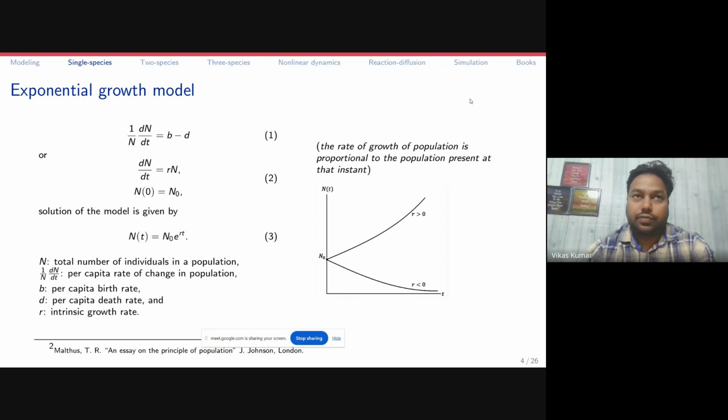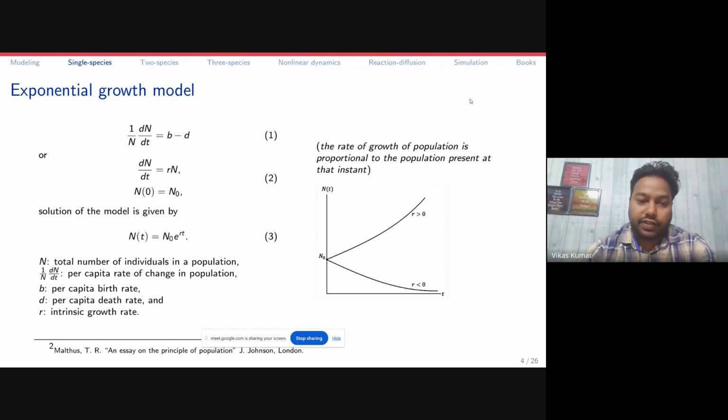The initial data, of course, would be positive because we are dealing with a population, so N naught is a positive parameter. When we solve equation number 2, this is a separation of variables type of model, and you can easily solve it by separating N and t on both sides. So we have the solution in the form of an exponential, as you can see in equation number 3.